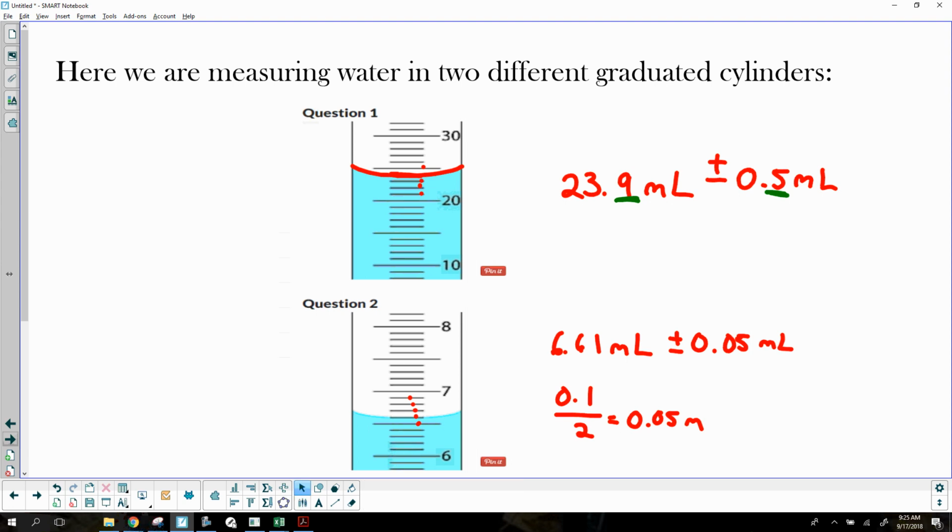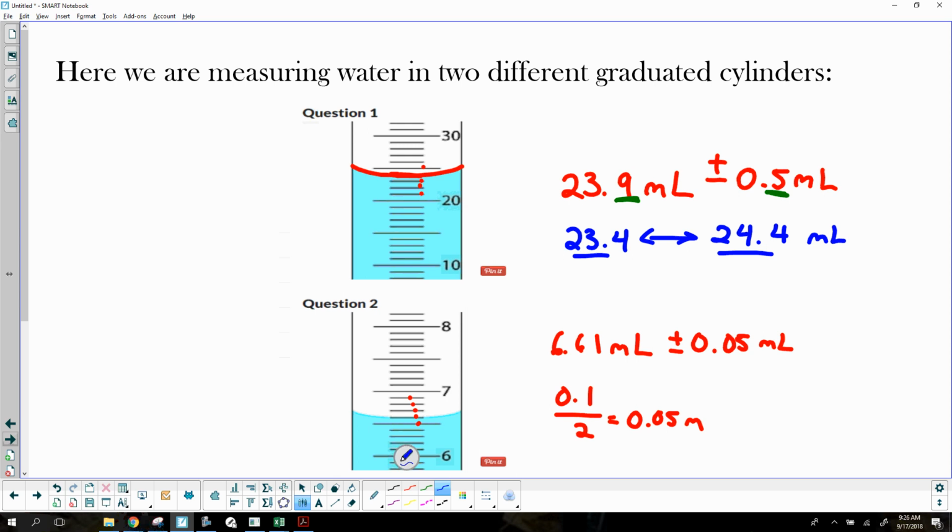So this is telling the reader on the first graduated cylinder that my range of volumes is between 23.4 to 24.4 milliliters. I know for a fact that my measurements lie in between these two values.